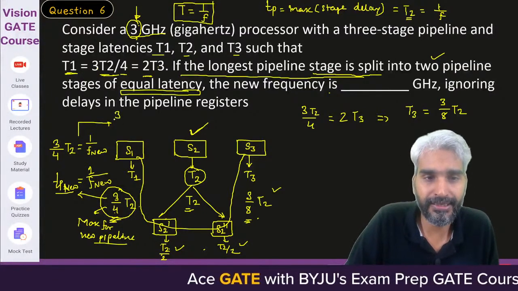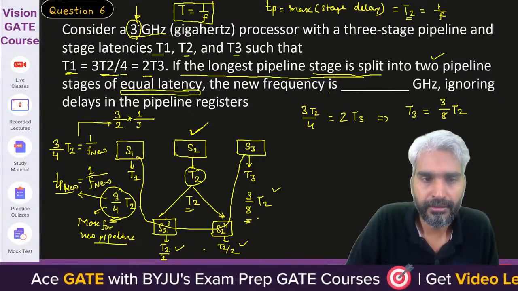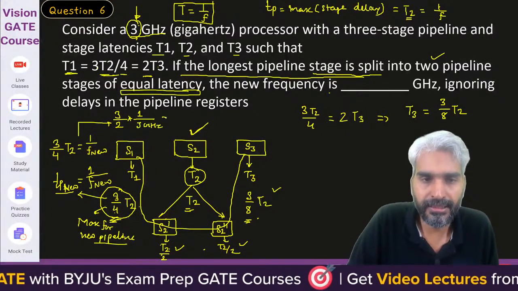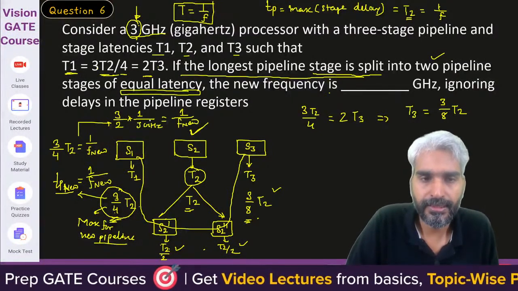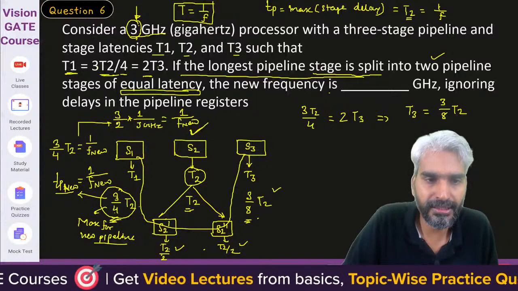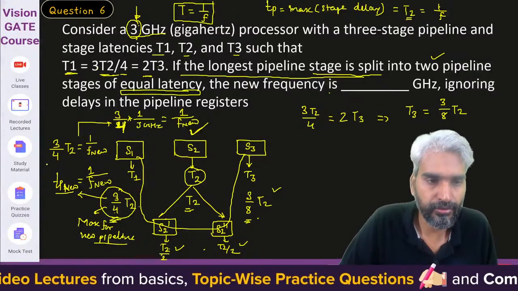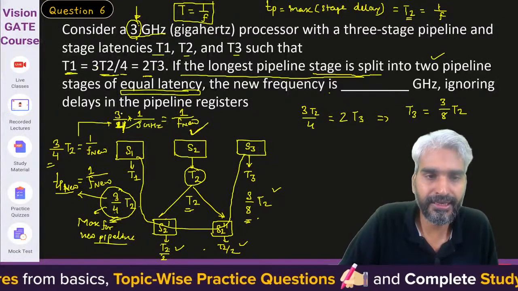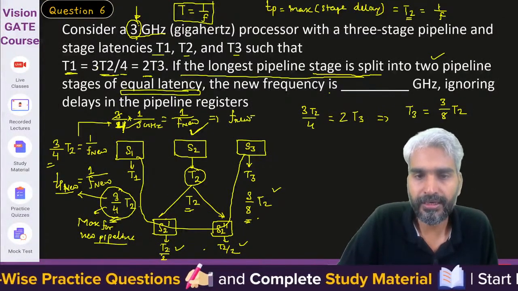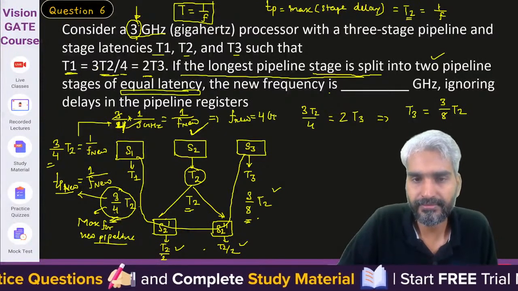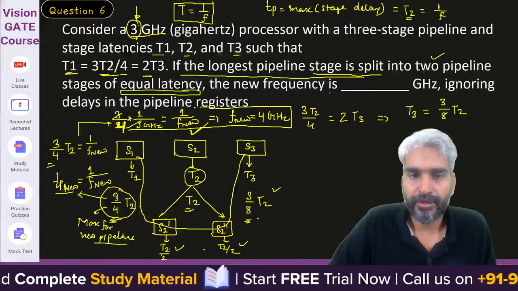So I can write it as 3 by 4 times T2, and the value of T2 is 1 upon 3 gigahertz. This is equal to 1 upon F new. This 4 will be the same, so 3 cancels out. So from here F new will come out as 4 gigahertz.